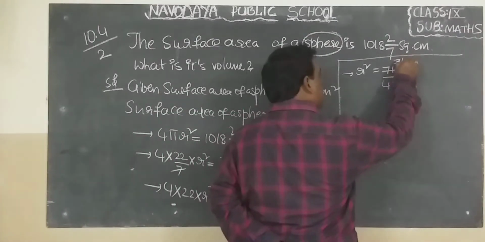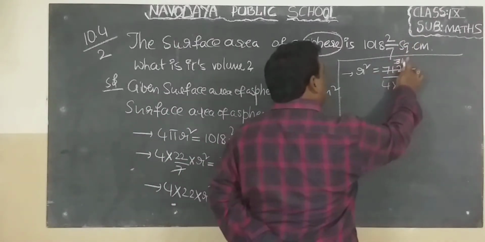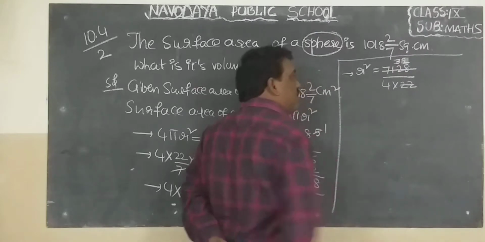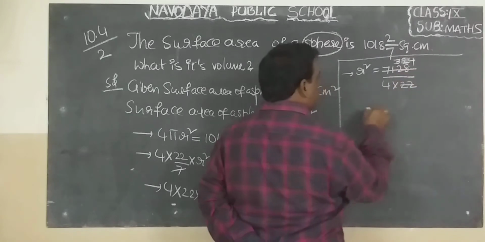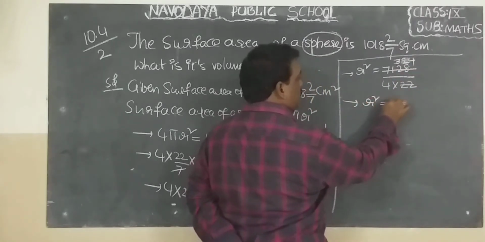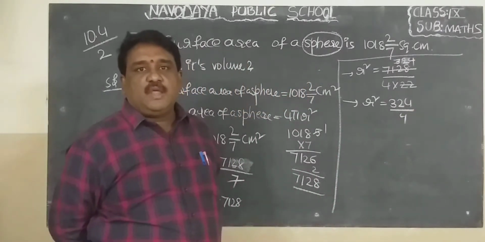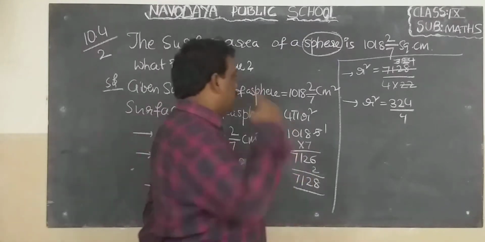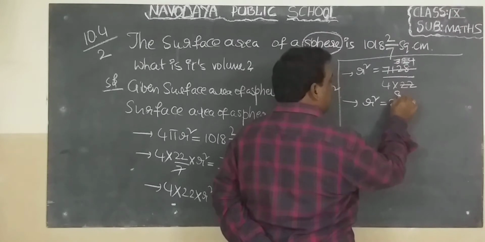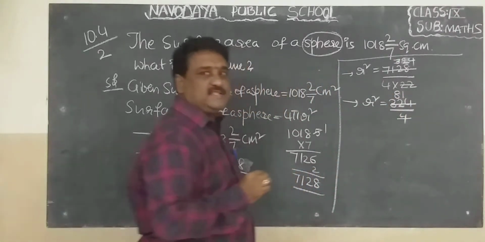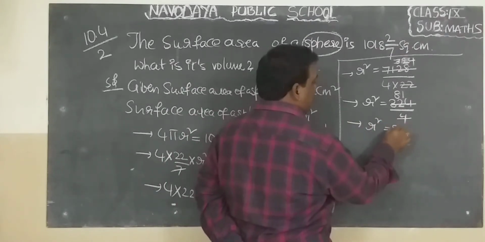Then 4 times. 5 remainder. Then 2 times, 44. Then 8 remainder, 88. Then 4 times. So r square equal to 324 by 4. See cancellation, 4 cancels. 324 by 4, exactly 81 times. R square equal to 81.